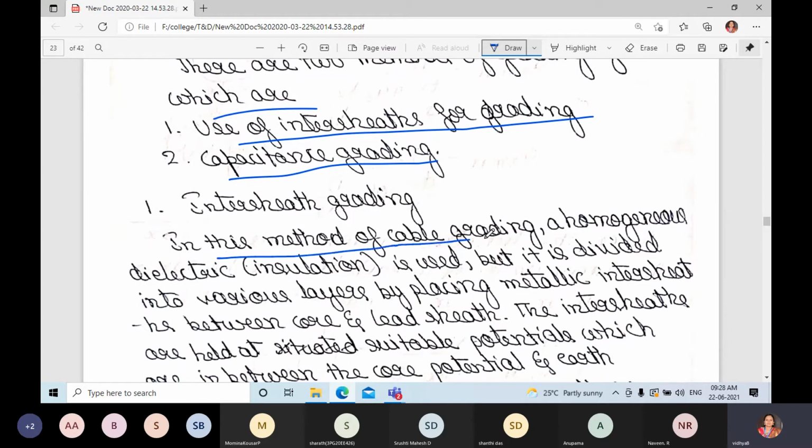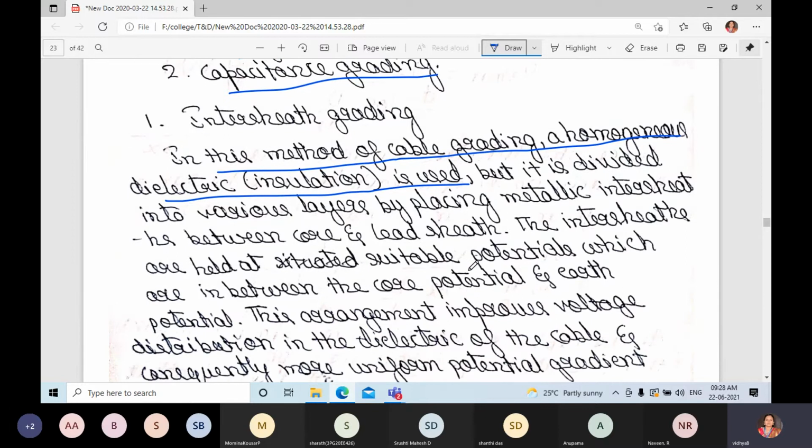In this method of cable grading, a homogeneous dielectric is used, but it is divided into various layers by placing a metallic intersheath between core and lead sheath. The intersheaths are held at suitable potentials between the core potential and earth potential.